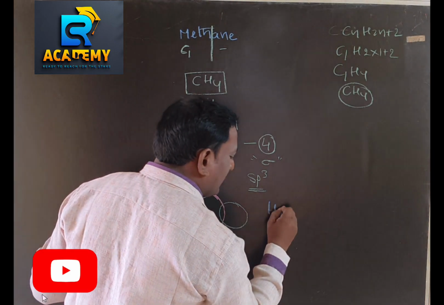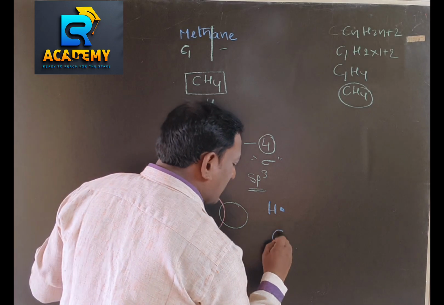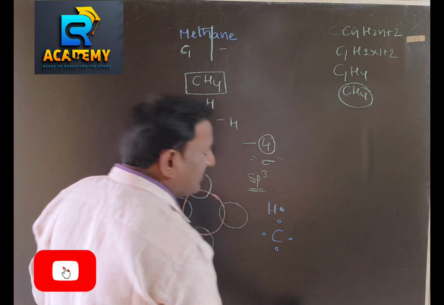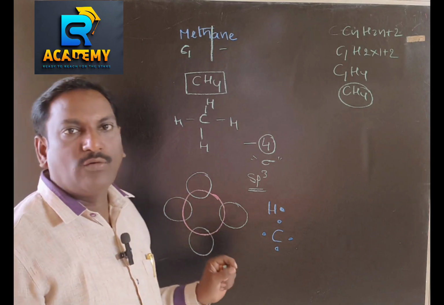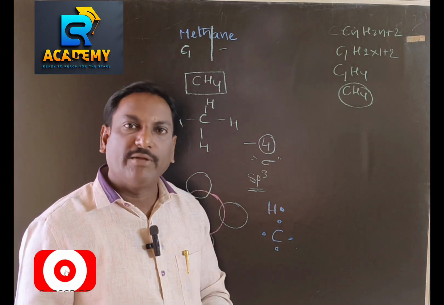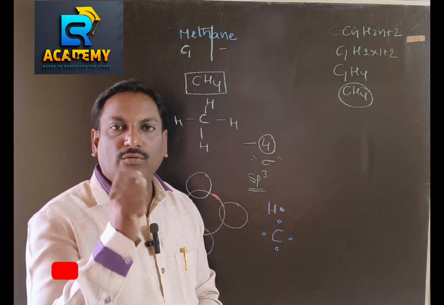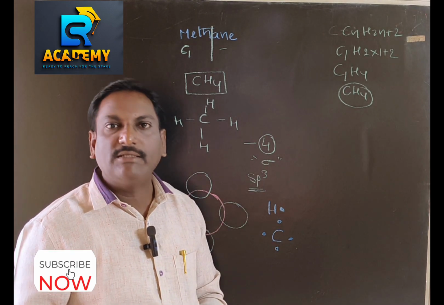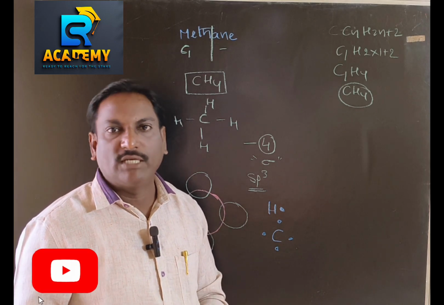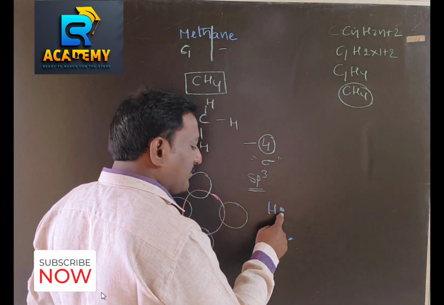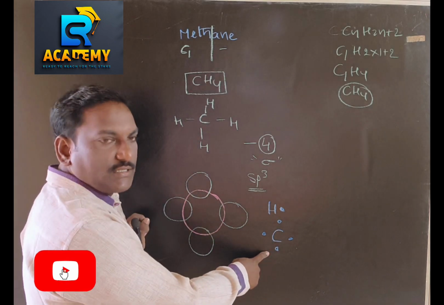The hydrogen Lewis dot structure is H dot, whereas carbon has 4 unpaired electrons. If you have no idea how to draw the Lewis dot structure for elements, please go through the previous videos, where I have done the Lewis dot structures of elements 1 to 30 and some covalent compounds as well. So this is the Lewis dot structure of the hydrogen atom, and this is the Lewis dot structure of the carbon atom.